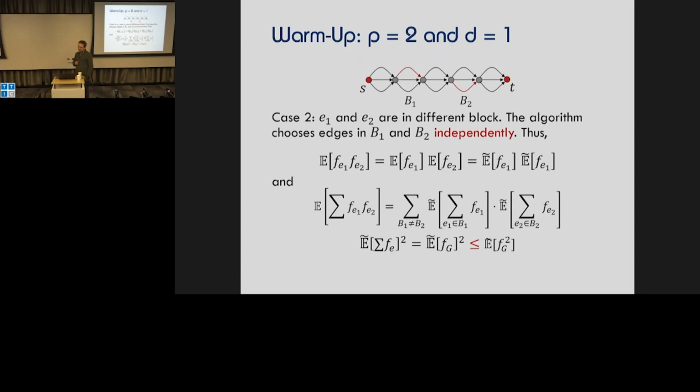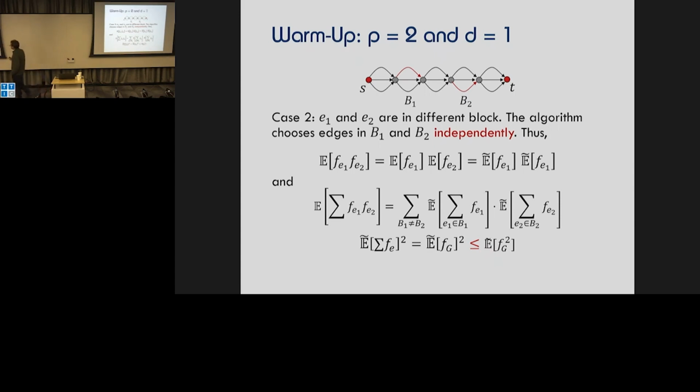So now let's look at the second case, where e1 and e2 belong to different blocks. Note that our algorithm chooses edges in b1 and b2 independently, and because of that, the expectation of f_e1 times f_e2 is simply the product of expectations, and now we can use that each of these expectations is equal to the corresponding pseudo expectation.